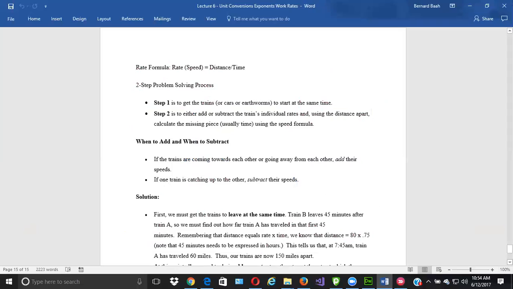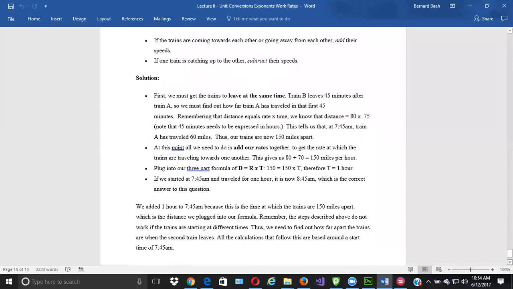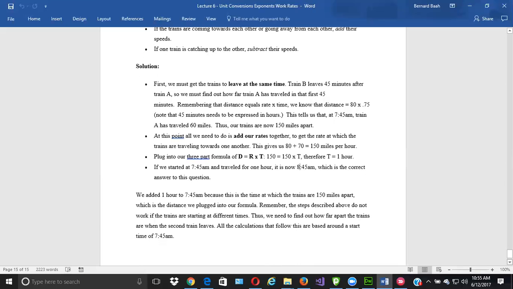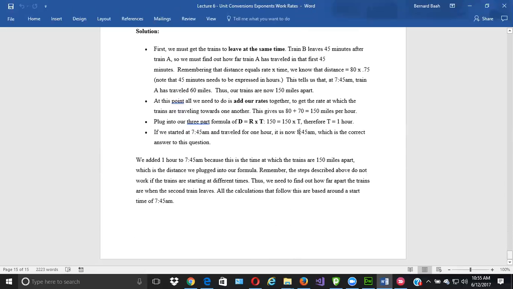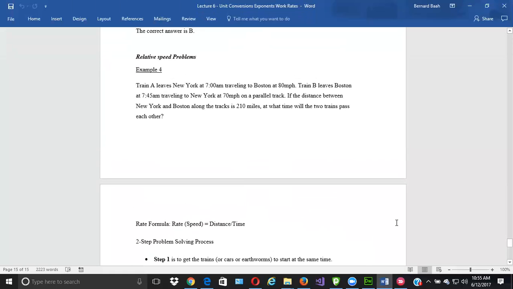So essentially, here we had to add the speeds up and came up with a relative speed of 150 miles per hour. And since the distance is 150 miles, it will take only 1 hour to cover that distance. And so our final answer is that the trains will meet 1 hour after 7:45 a.m. So that's the process of solving relative speed problems.